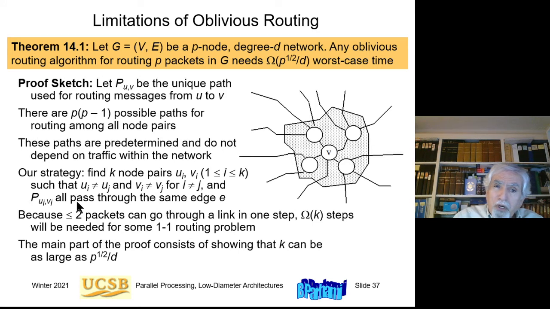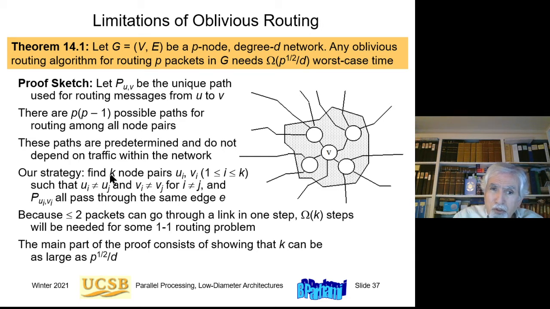And it's always possible for me to identify k node pairs, u_i v_i, such that the starting points of those paths are not the same, and the ending points of those paths are not the same.